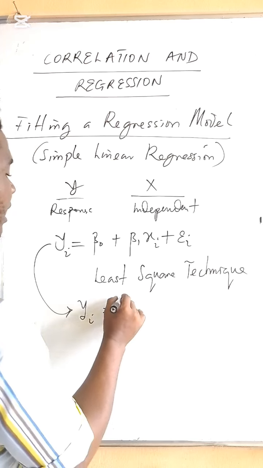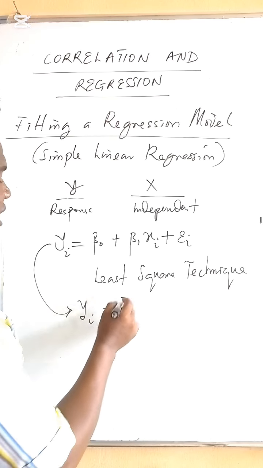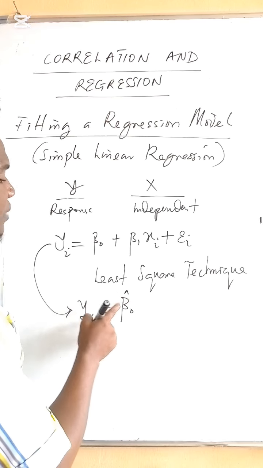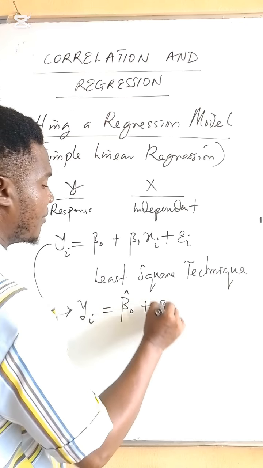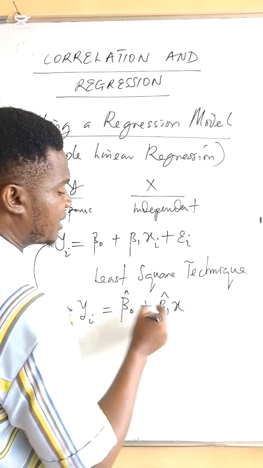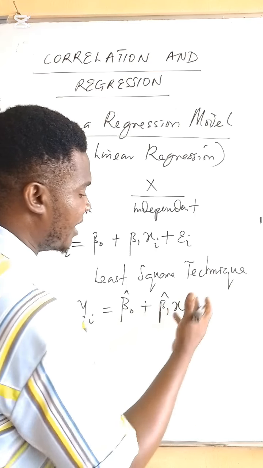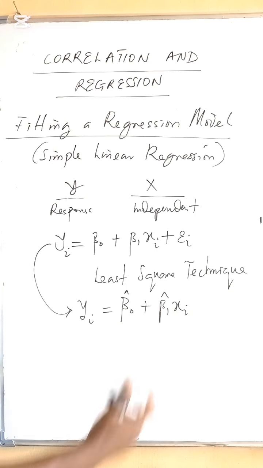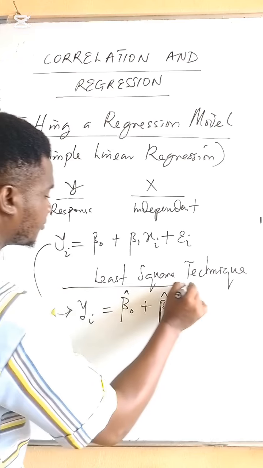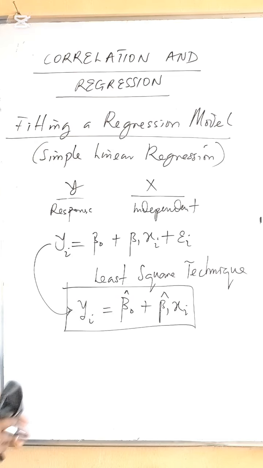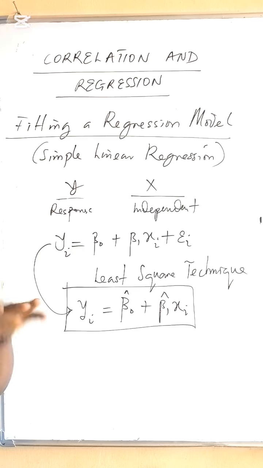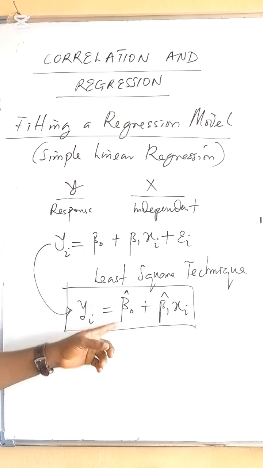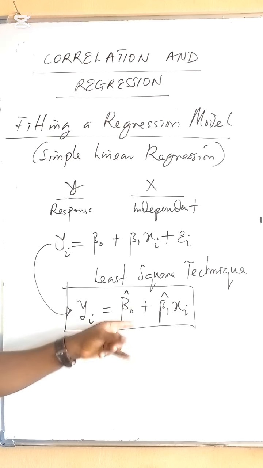That would end up giving us an equation such as this, where beta naught cap is an estimate of beta naught, beta 1 cap is an estimate of beta 1, and the estimate of the error term is 0 and it vanishes. So this is the equation we want when we tell you to fit a regression model to bivariate data.